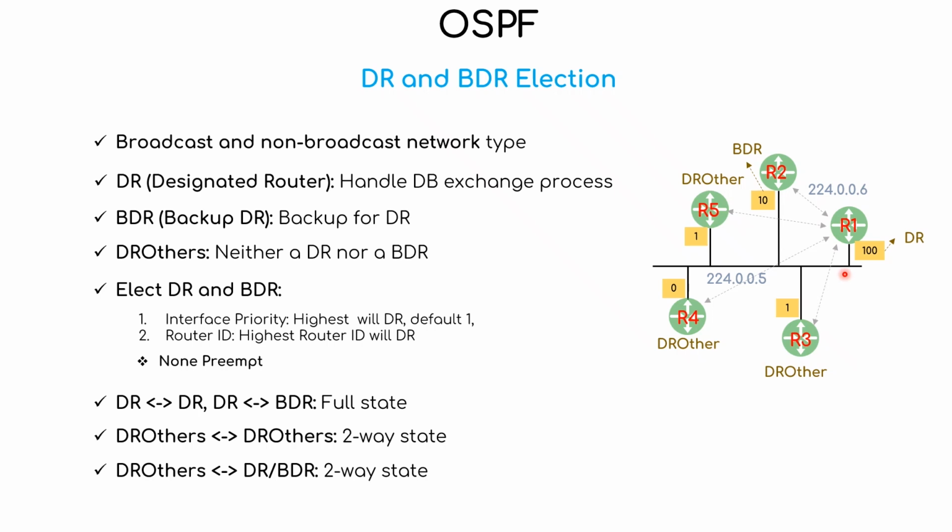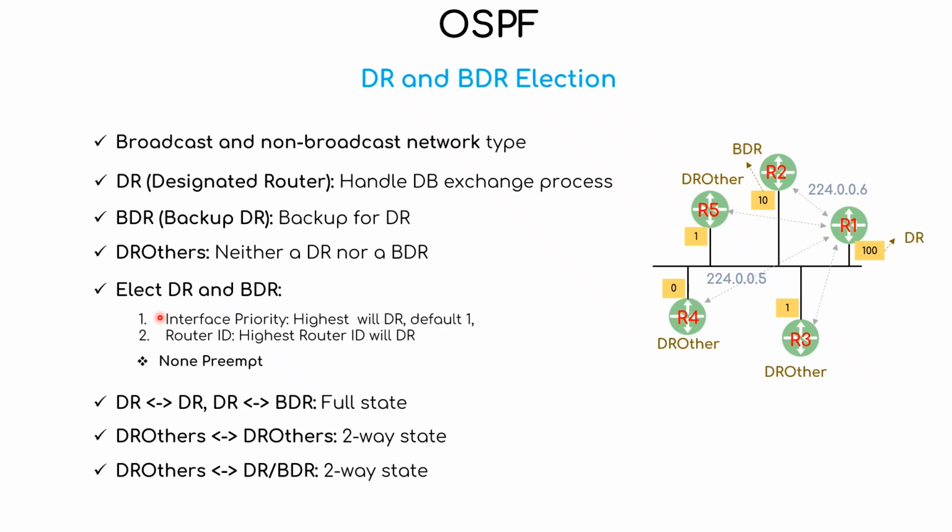DROther routers send packets to the DR and BDR using the multicast IP address 224.0.0.6, and the DR sends packets to the DROther routers using the multicast address 224.0.0.5.